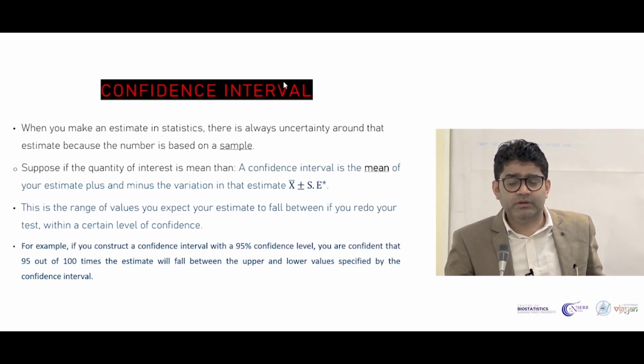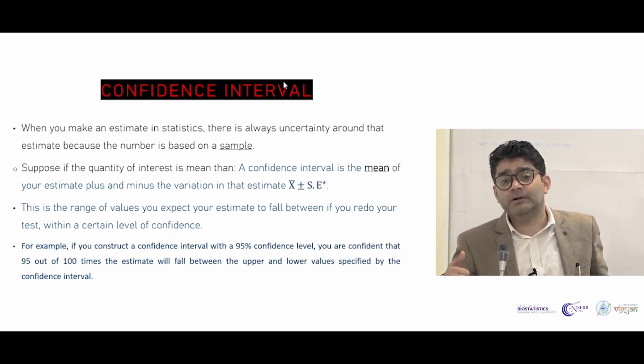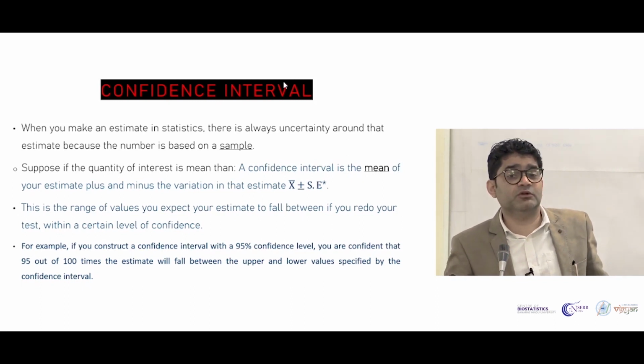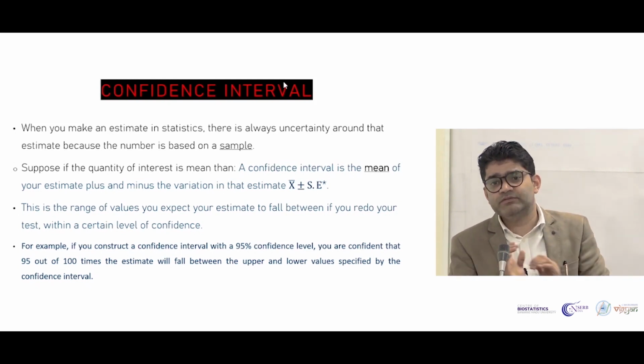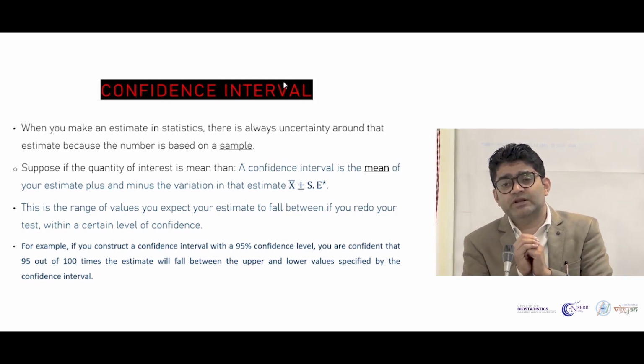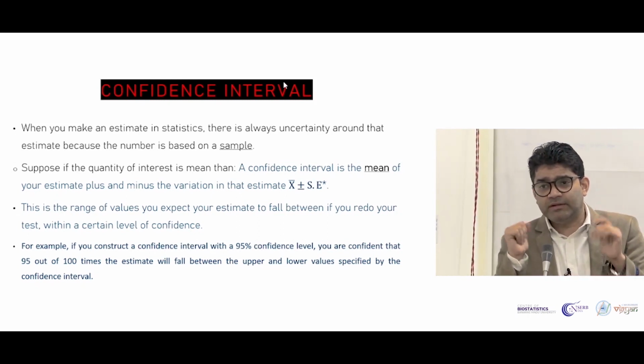So nowadays we are having more emphasis on the confidence interval rather than on the p values. P value is a single value, but confidence interval is giving you a possible range of values where your sample values can lie.